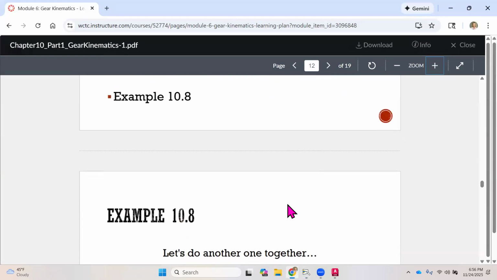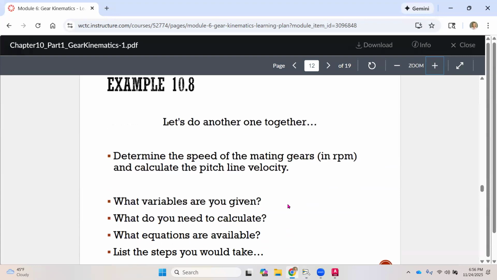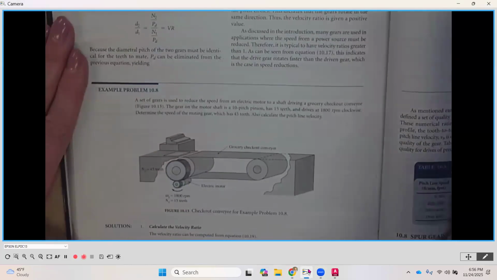So now we're ready to look at example 10.8. Example 10.8 is on page 274. Let's look at the problem statement to start off with.